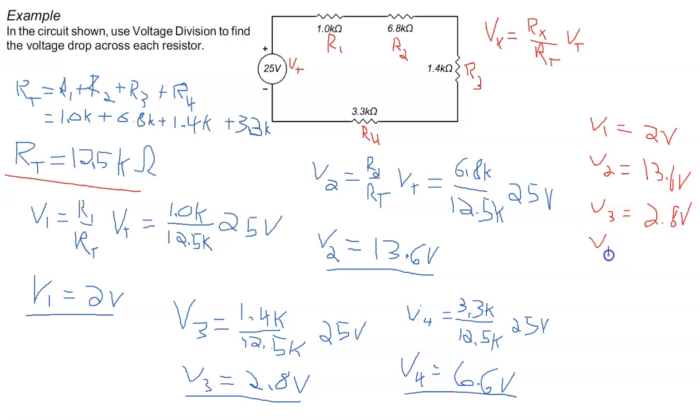And for V4, we have 6.6 volts. Now, if there's a rounding error, you might not get exactly 25, but in this case we do. We add that up, we get 25.0 volts. And so that means, of course, that KVL holds true.